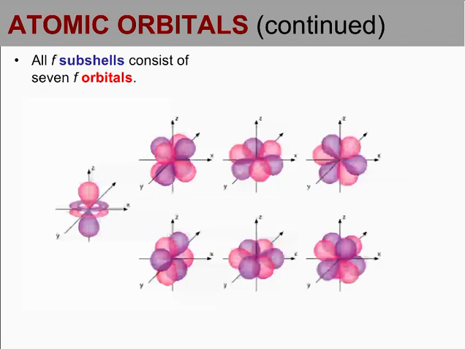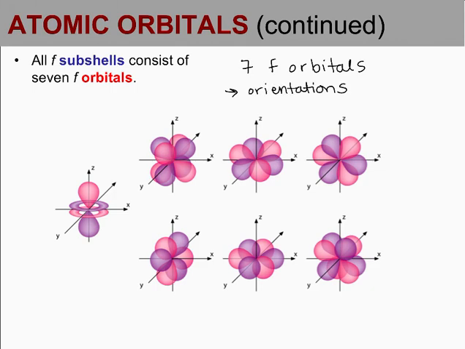And then f orbitals are insane. So there are 7 f orbitals. And again, those are just indicating different directions that the orbitals are facing. So you'll notice that each of these f orbitals on the right-hand side, so 6 out of the 7, look like 6-leaf clovers.